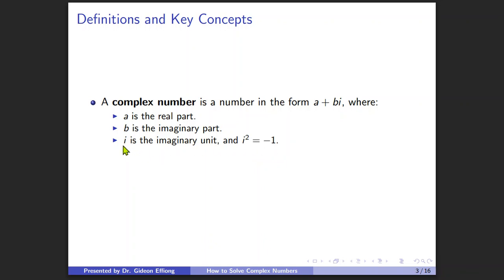So this iota is the imaginary unit, and the iota squared is equal to minus 1.